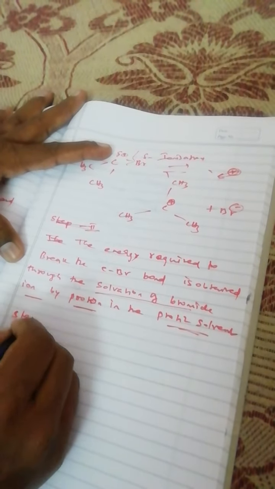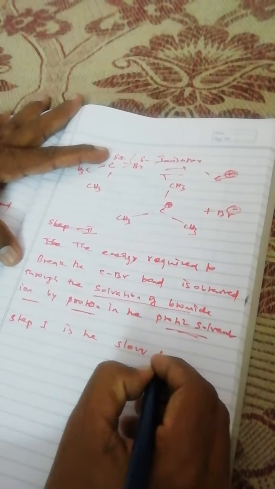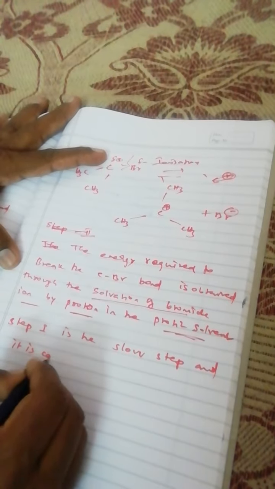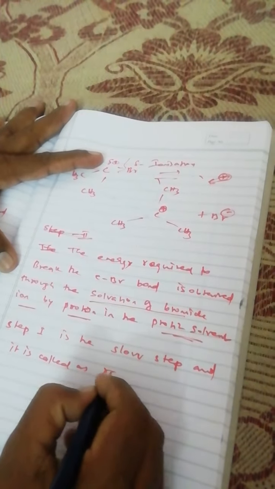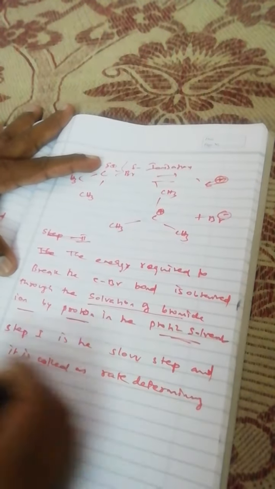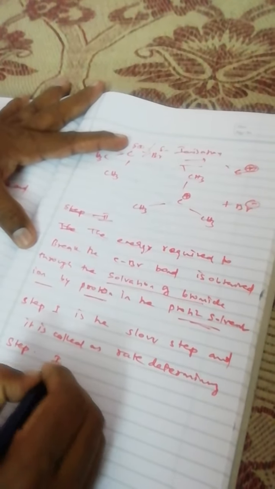Step one is the slow step, and it is called the rate determining step. It is reversible also.